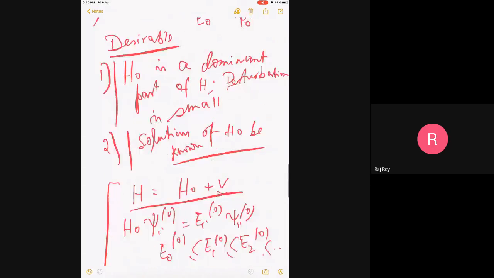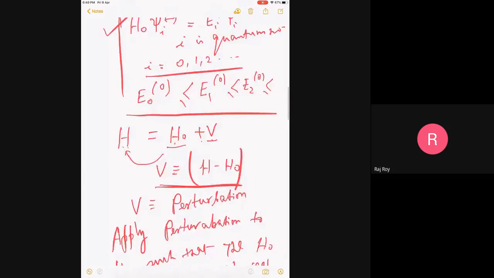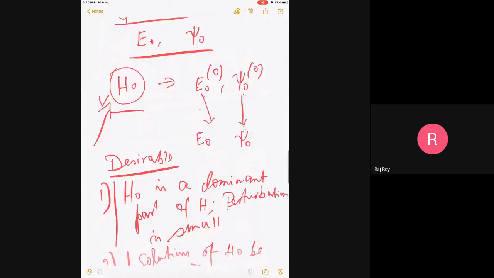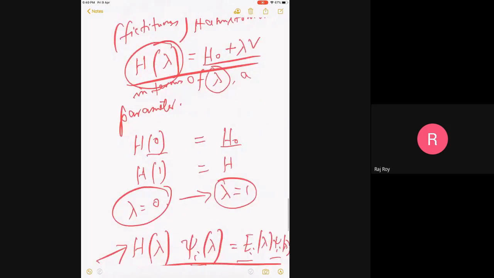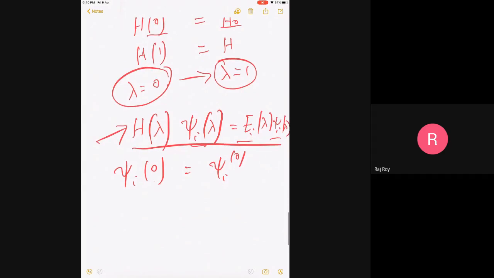That was my solutions of H0. Is it clear? That's my solutions of H0, right? Because when lambda equal to 0, H of 0 becomes H0. So that is what I mean by 0. And of course, E i of 0 will become E i superscript 0.